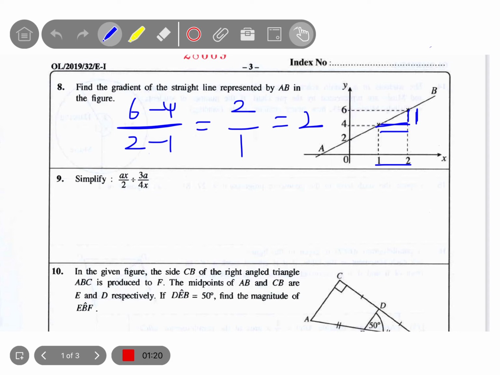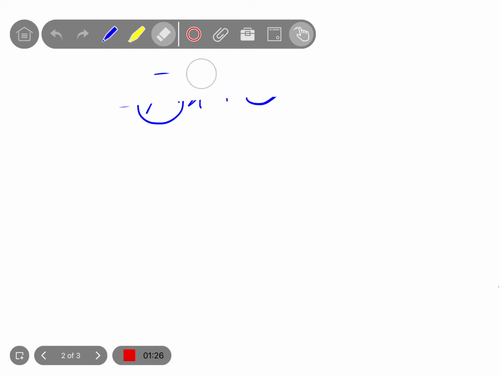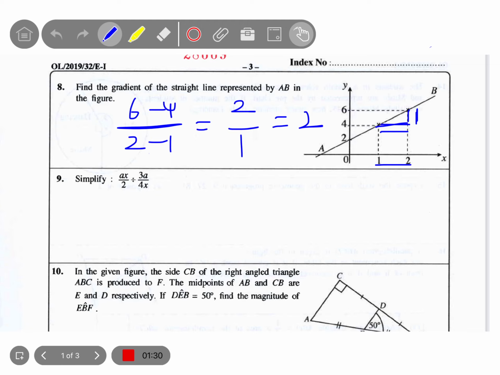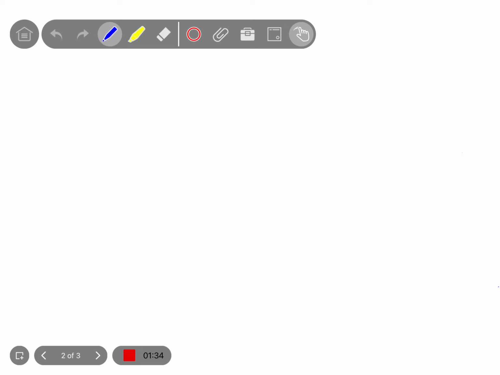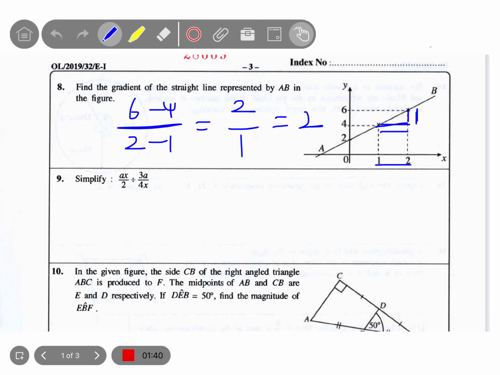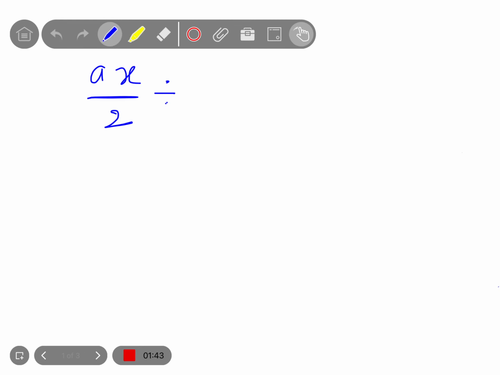Okay, simplify ax divided by 2 divided by 3a divided by 4x. I'll take the rough work page for this question because for simplification, I want to show you how to do that. So we write this as ax divided by 2, then there is a division sign, and then you have 3a divided by 4x. Now these are very simple questions.